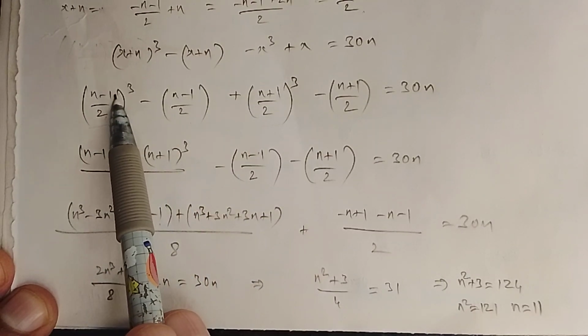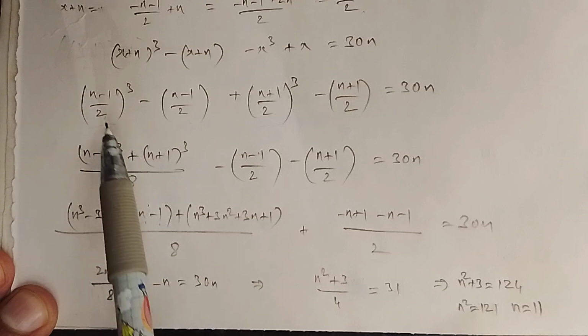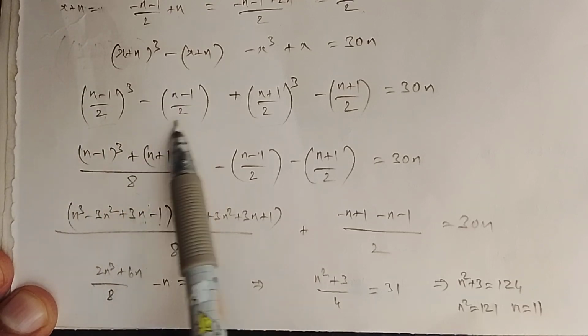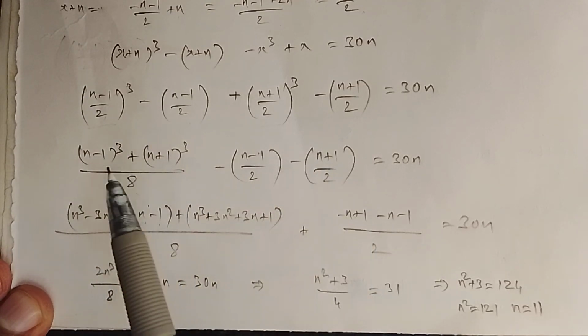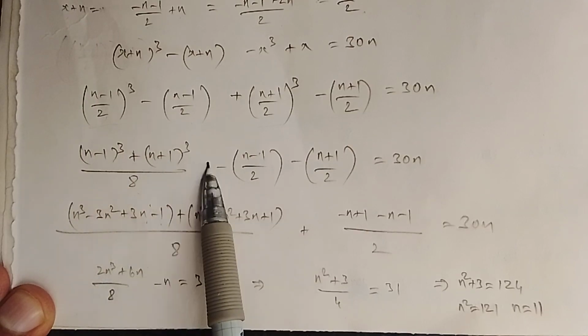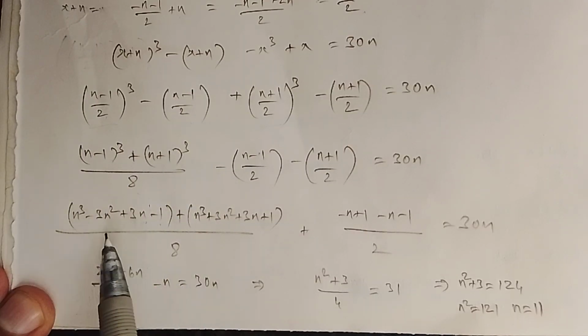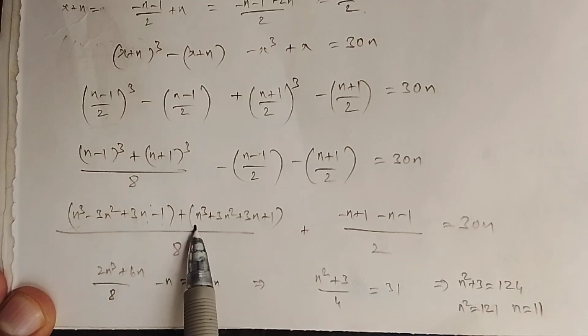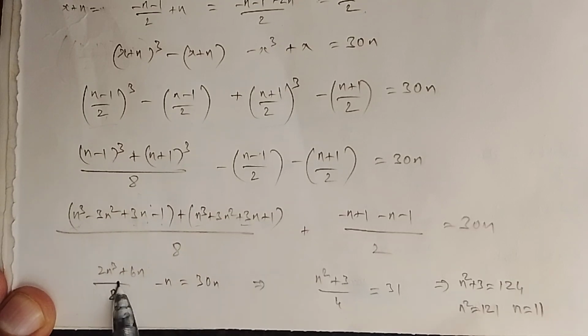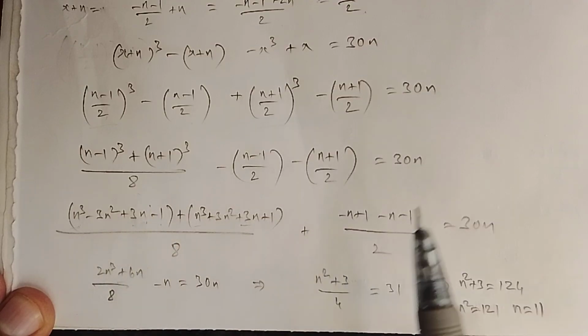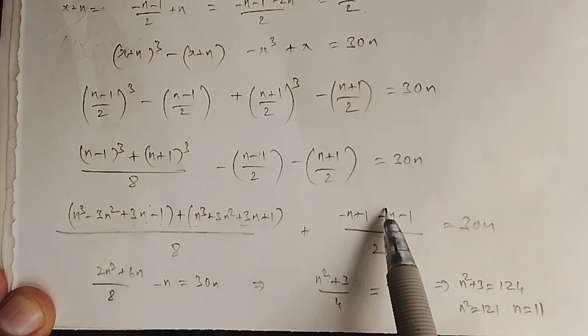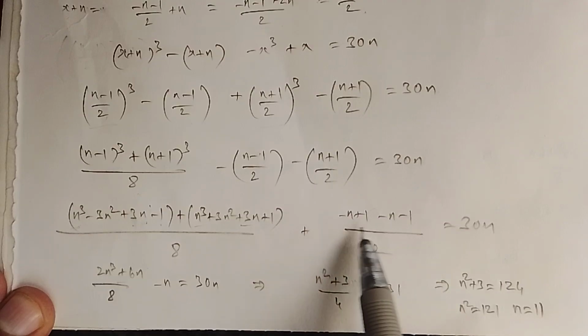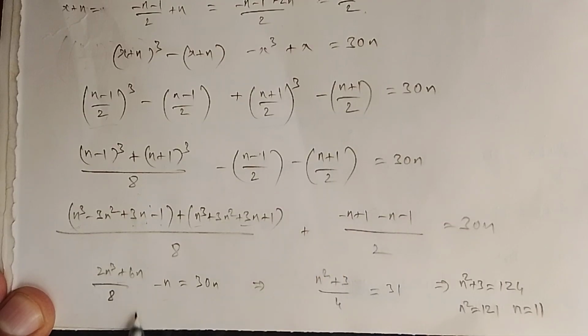This is in the form of a minus b whole cube plus a plus b whole cube, whole by 2 cube, which is 8, and we'll gather this and this. Now a minus b whole cube plus a plus b whole cube, if you simplify, then a lot of terms will get cancelled. You will be left with 2n cube, right, and 3 plus 3, 6n. Here the remaining 2 terms will get cancelled, and here we are left with 1 and minus 1 which will get cancelled, minus 2n by 2, which equals minus n.